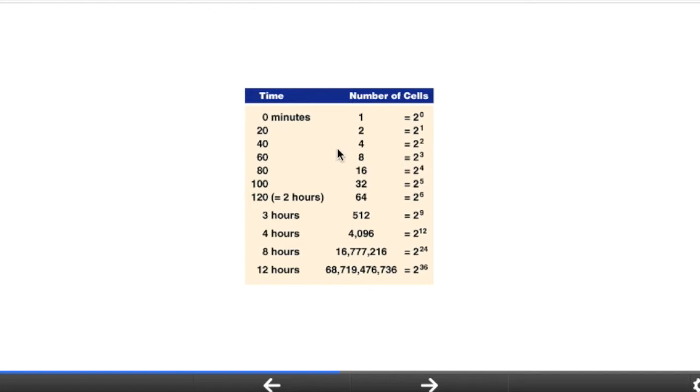At 20 minutes you have 2, 40 minutes you have 4, 60 minutes you have 8, 80 minutes you have 16. At first, the growth seems relatively slow, but as you increase the minutes, you start to see that the numbers begin doubling quite a bit. And after only 12 hours, there are over 68 billion bacteria. That is a great example of exponential growth.